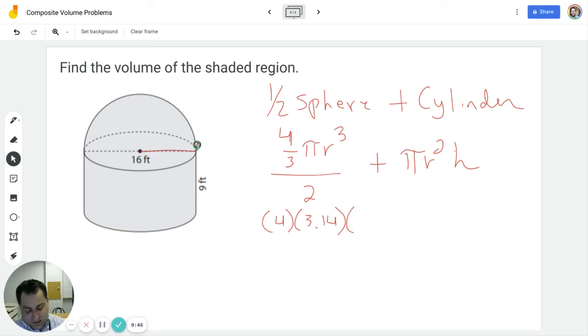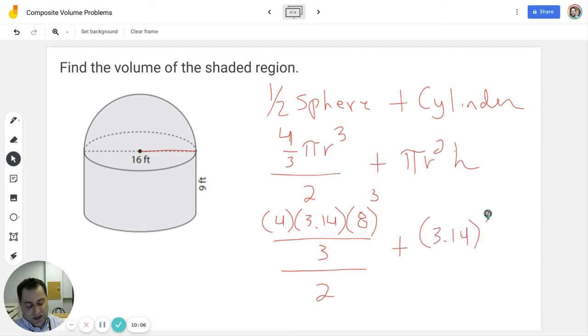That's going to be 8 cubed, divided by 3, and then divided by 2. So when we do those calculations, we'll have to make sure we do that. Then on the cylinder side, I have 3.14 times 8 again squared times the height of the cylinder, which is 9.